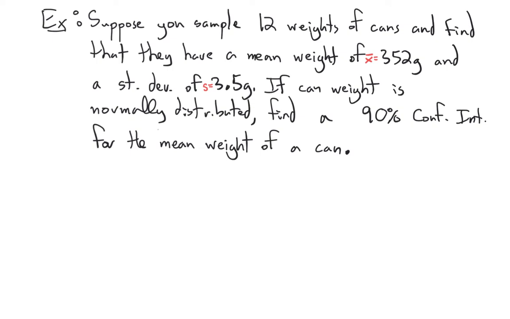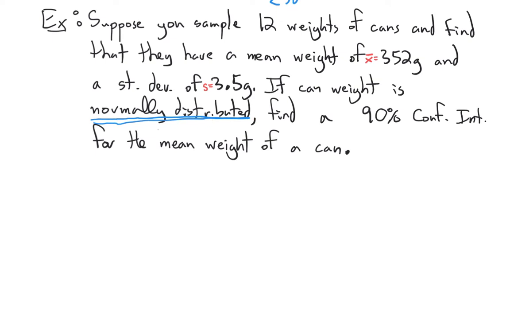Okay, now that we're back, we note that we have a sample of 12. That number is less than 30, so we can't use the central limit theorem there. But that's okay. We're told that all cans have a weight that's normally distributed, so our population is normally distributed.